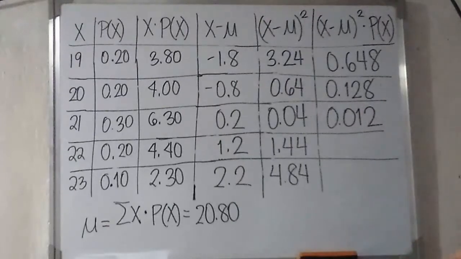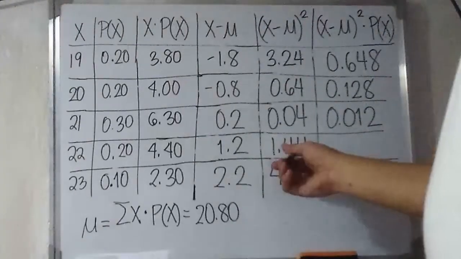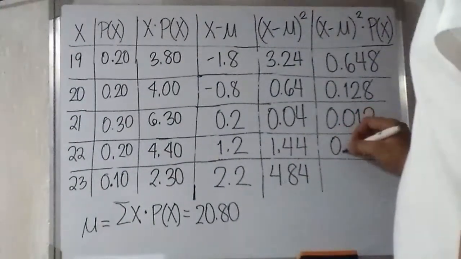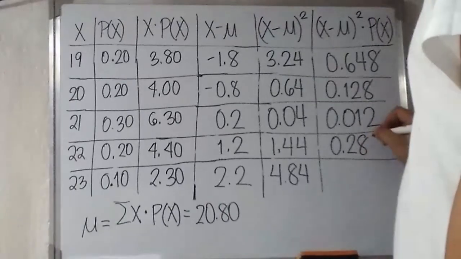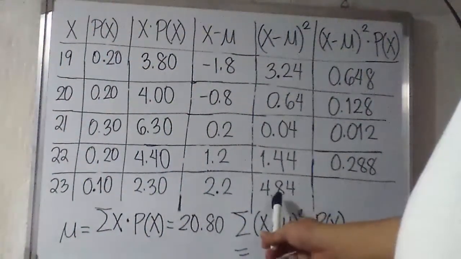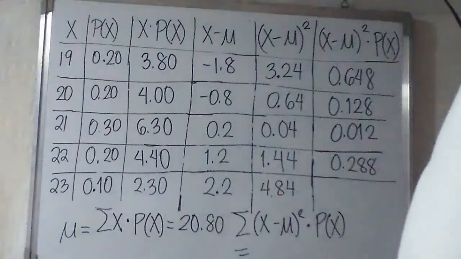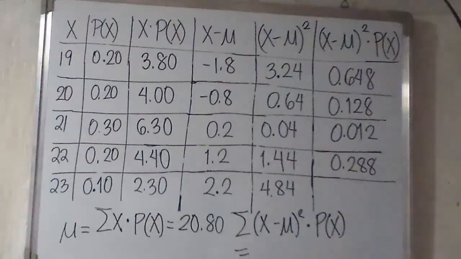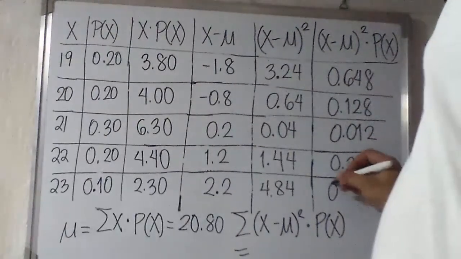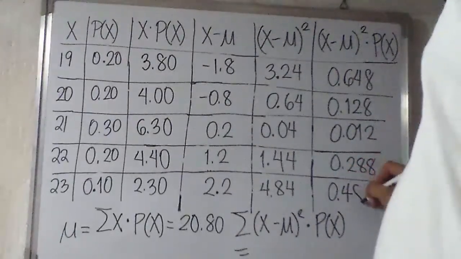Next, 1.44 multiplied by 0.20, that would be 0.288. Next, we're now going to multiply 4.84 times 0.10. That would be 0.484.